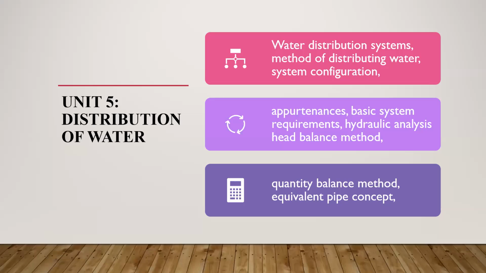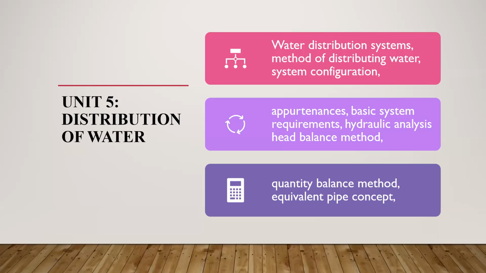So unit number 5, the title of unit number 5 is the distribution of water. Okay, the actual distribution, how to do it, what provisions are needed, that we will study.